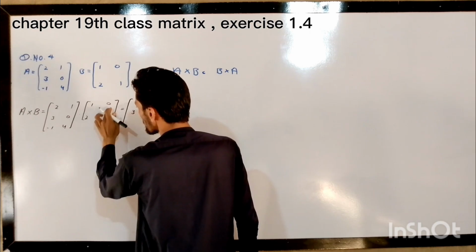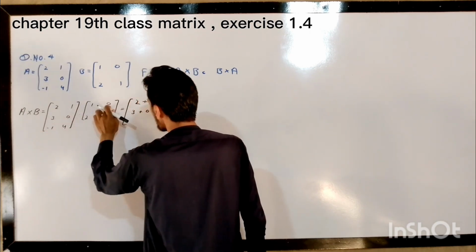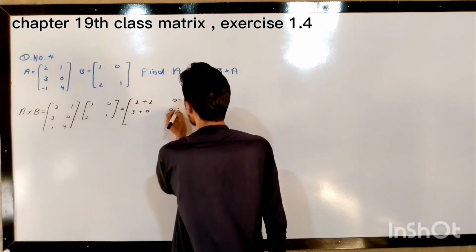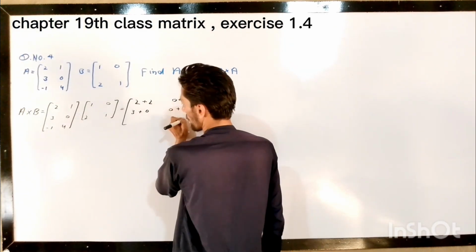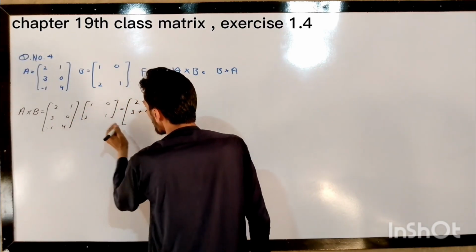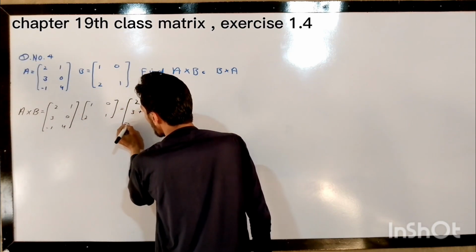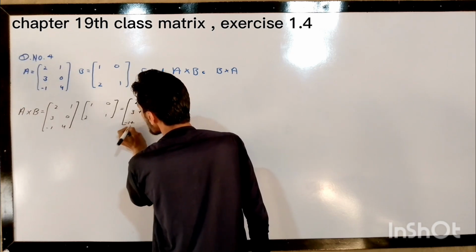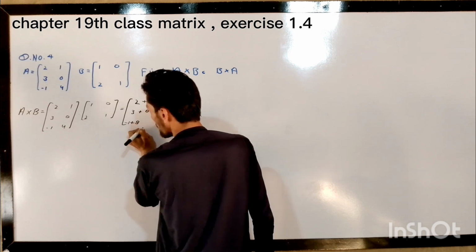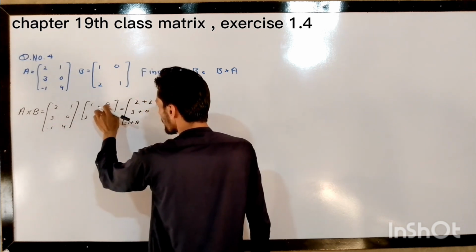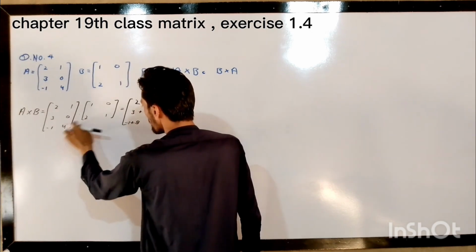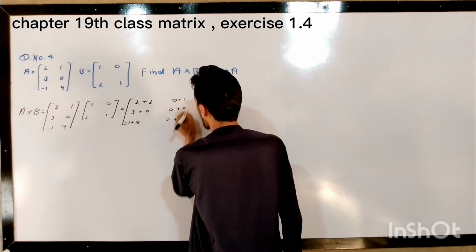And the second column is stored right here. 3 cross 0 will be equal to 0. 0 cross 1 will be equal to 0. The third row starts. -1 cross 1 will be equal to -1 plus 4 cross 2 will be equal to 8. And -1 cross 0 will be equal to 0 plus 4 cross 1 will be equal to 4.